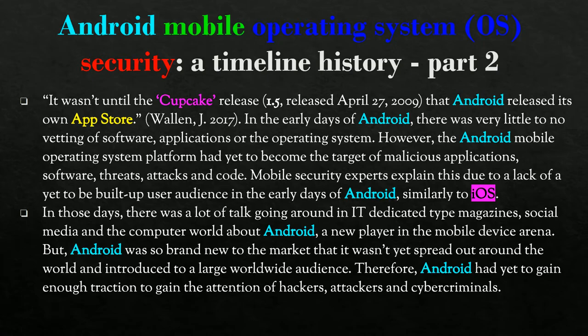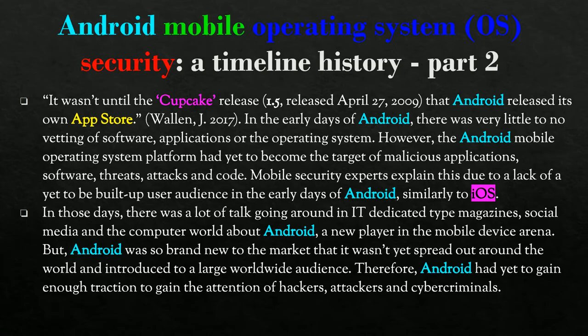Yeah, Cupcake basically was, well, first of all, right now we're talking about the early days of Android. So basically, in the beginning, when the first Android came out, there was no kind of store.